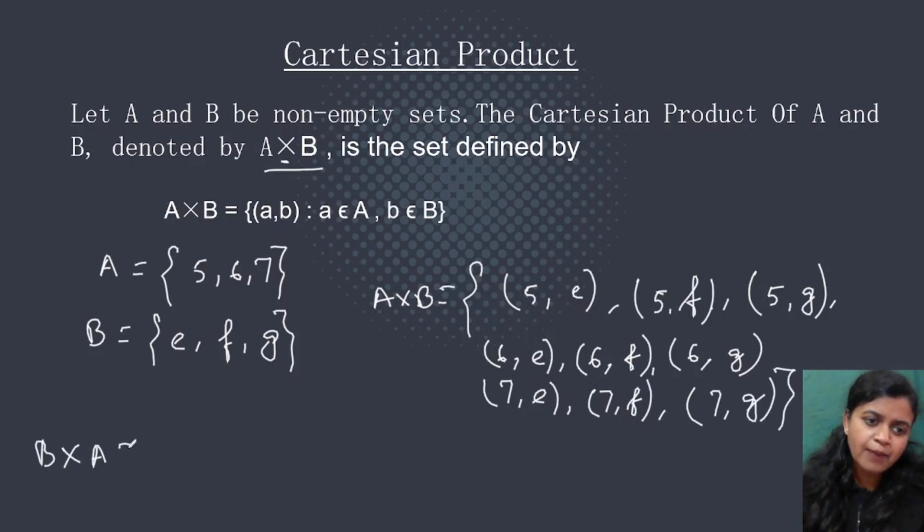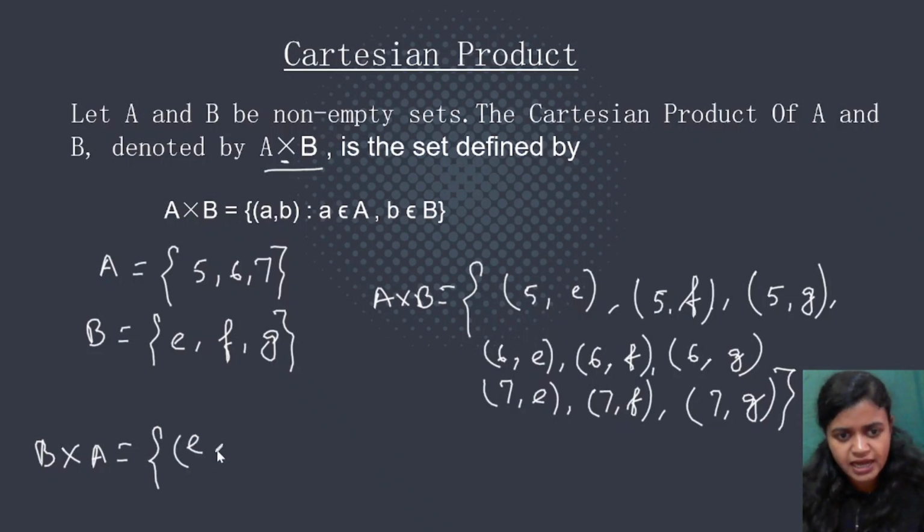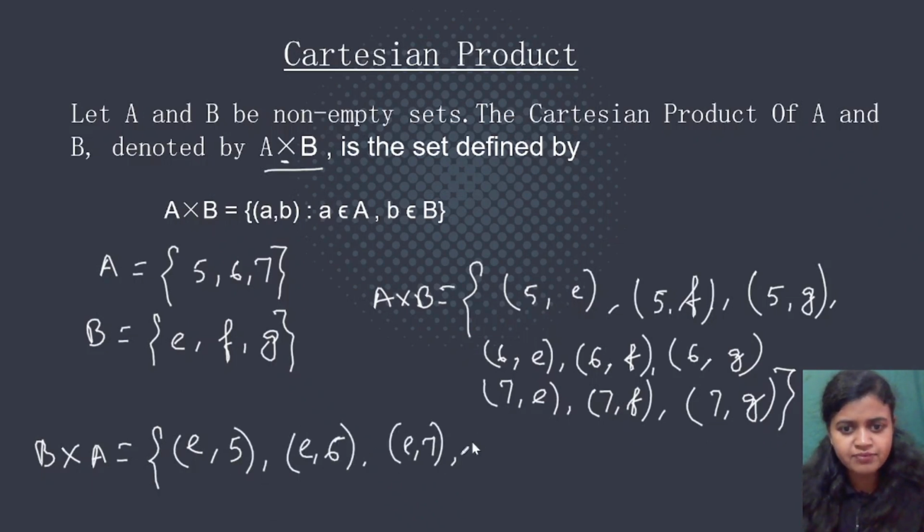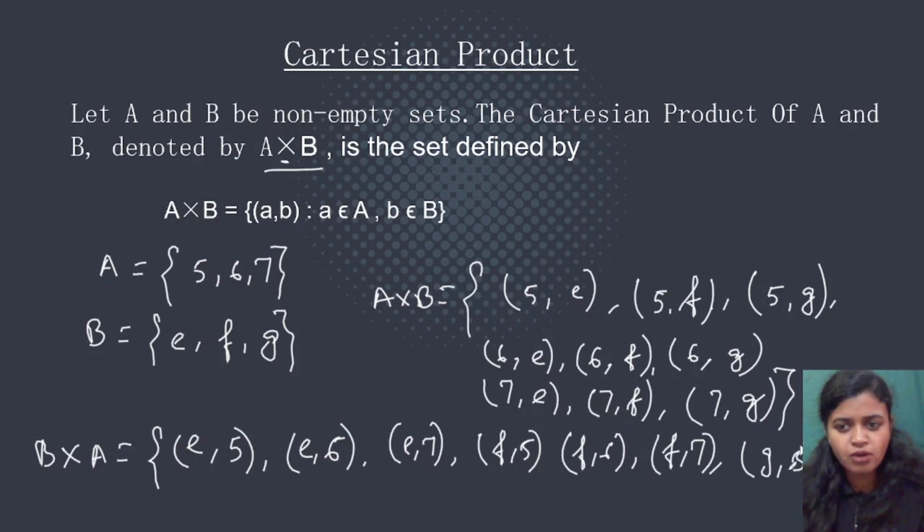Take B cross A. What will happen? B cross A means we will multiply this element to this element, meaning the ordered pairs should be like this: (E, 5), (E, 6), (E, 7), next (F, 5), (F, 6), and (F, 7), and (G, 5), (G, 6), and (G, 7).